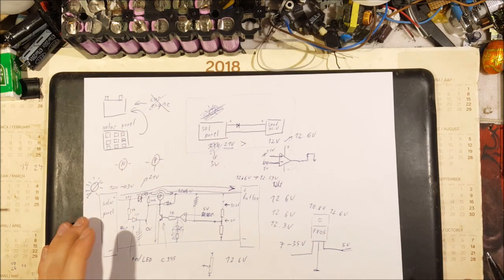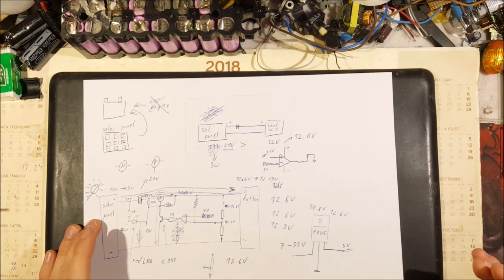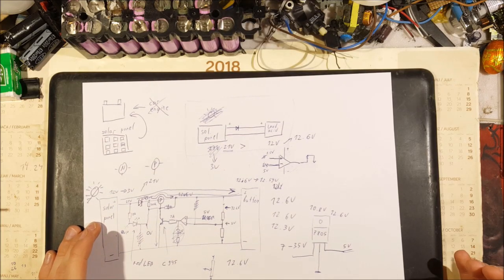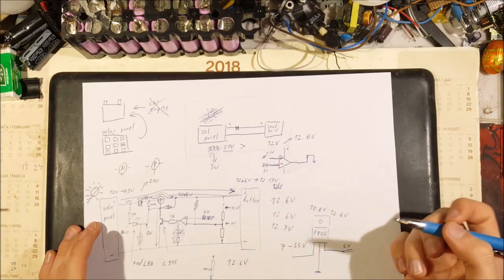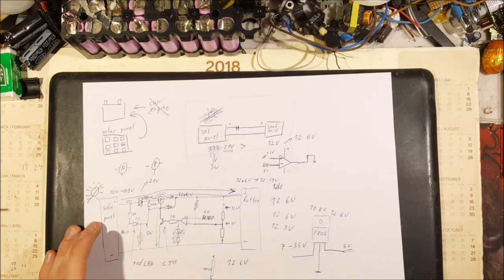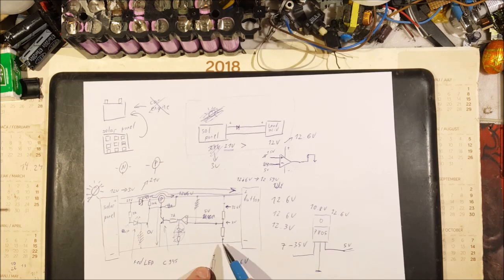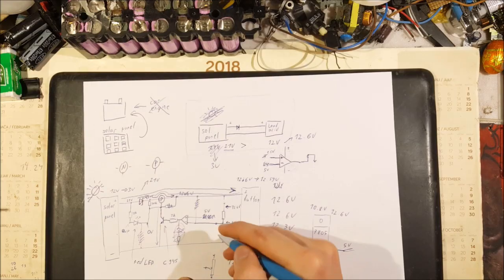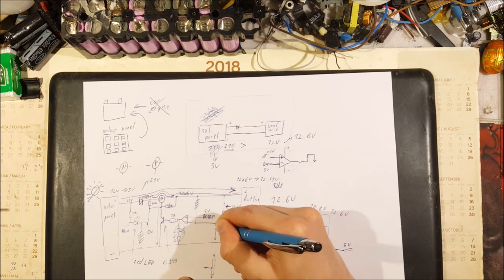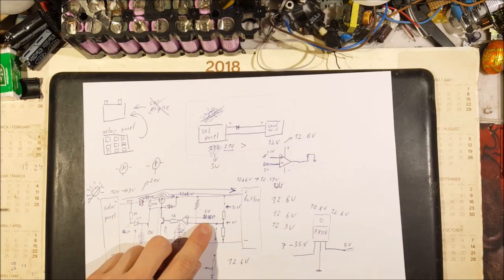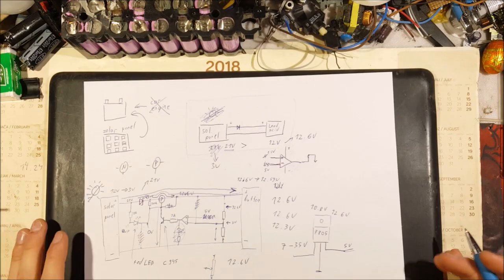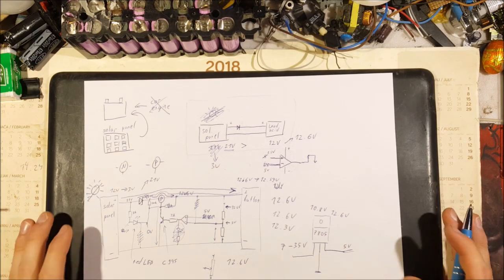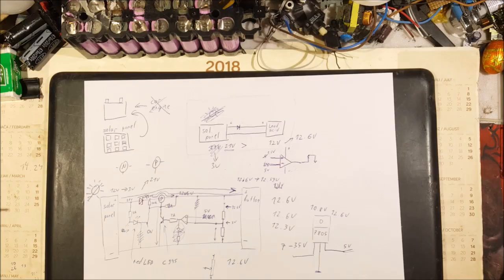How I do that, at least, is I take a fully charged battery. I connect a fully charged battery, which will be at 12.6 volts, and just measure with a multimeter voltage between ground and the slider until I get exactly 5 volts, and that's how you get this divider right here.